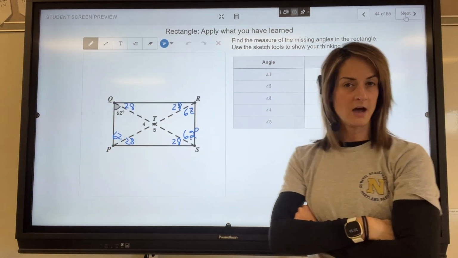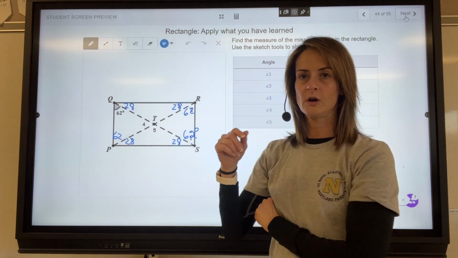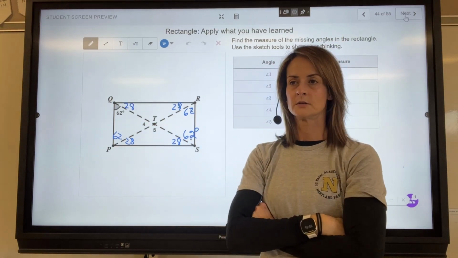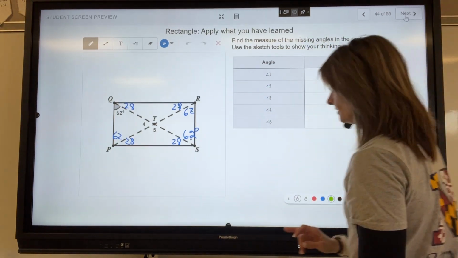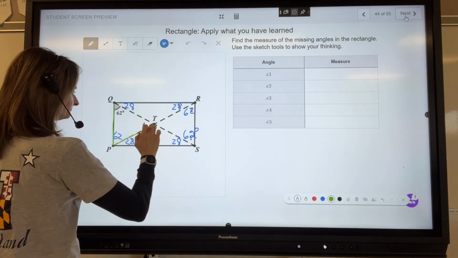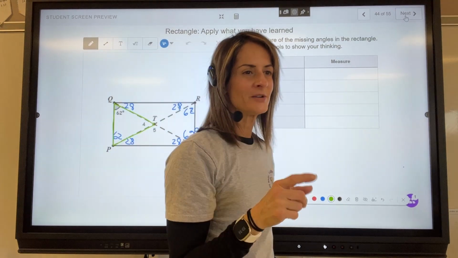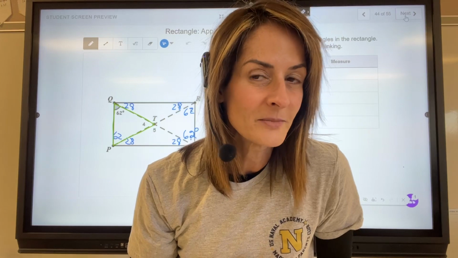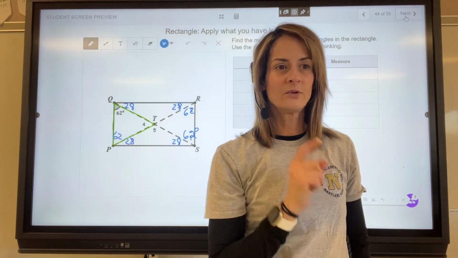Now, how are we going to get the measure of these angles here? Let's start with this triangle right here. The sum of all the interior angles in any triangle adds up to, America? 180.